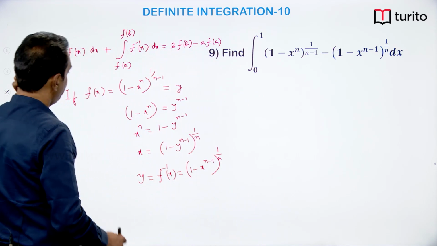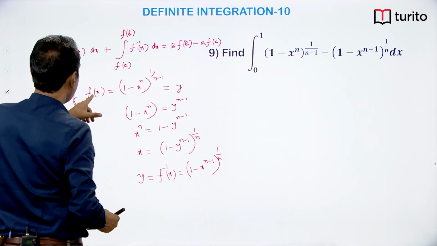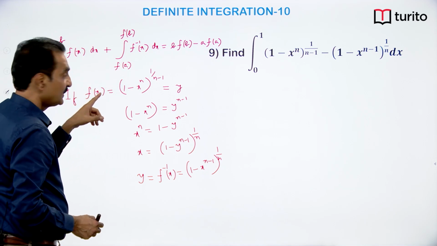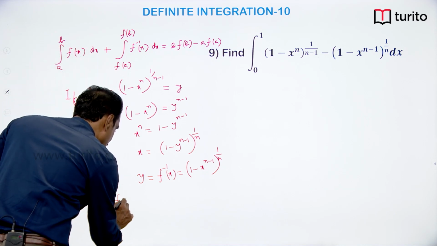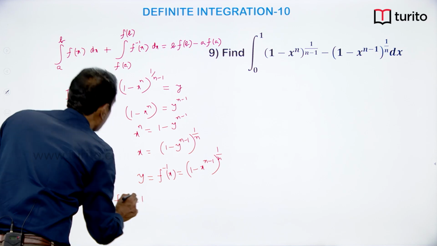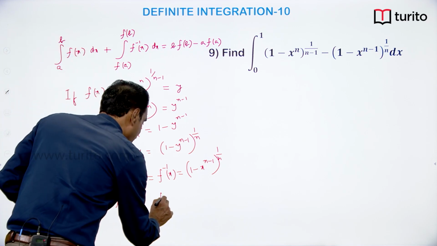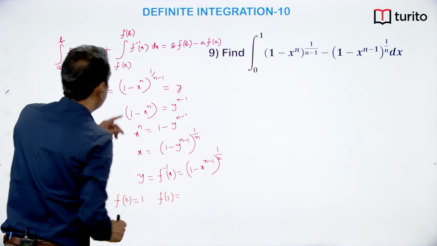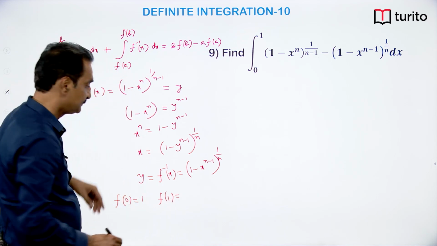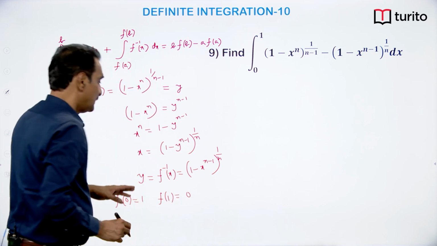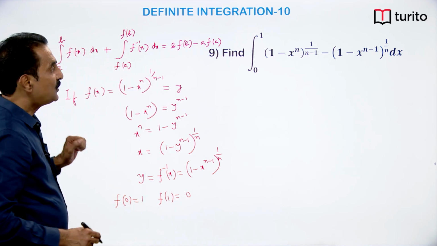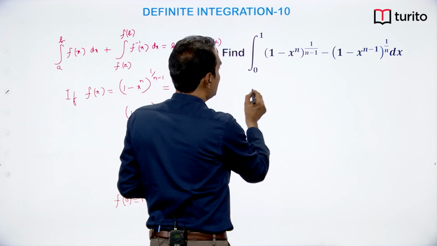Now, what is f of 0? f of 0 is equal to 1, putting x is equal to 0, and f of 1 is equal to 0. Okay. Now, separate the integrals.